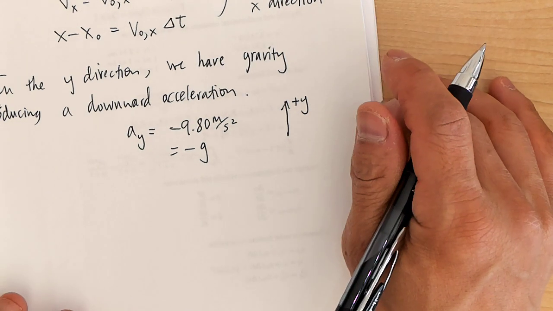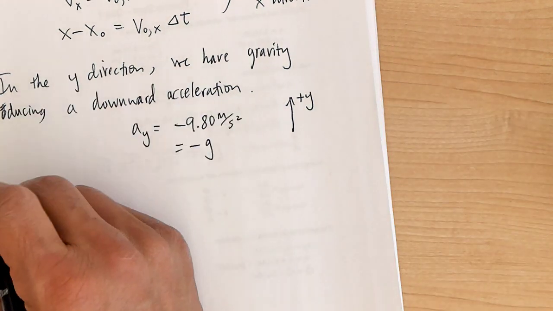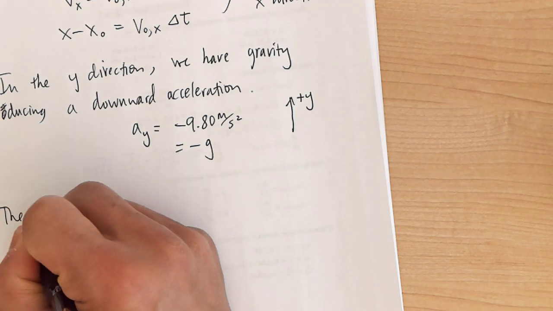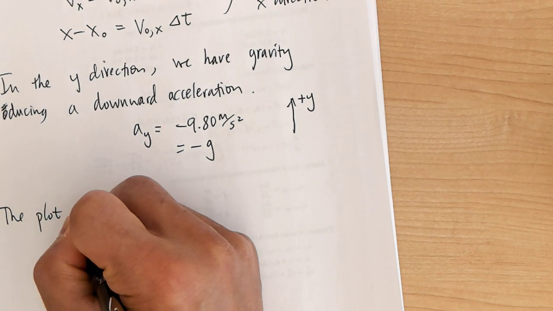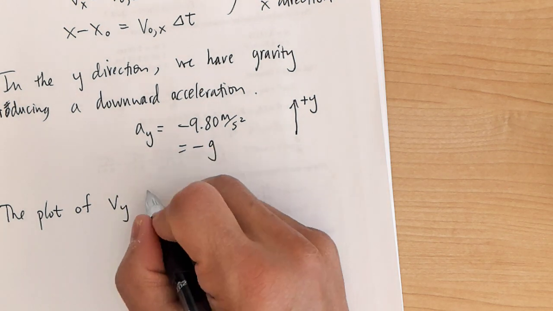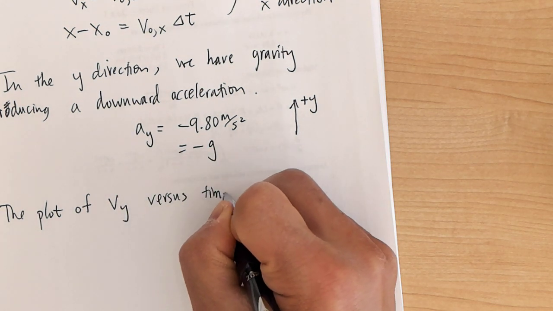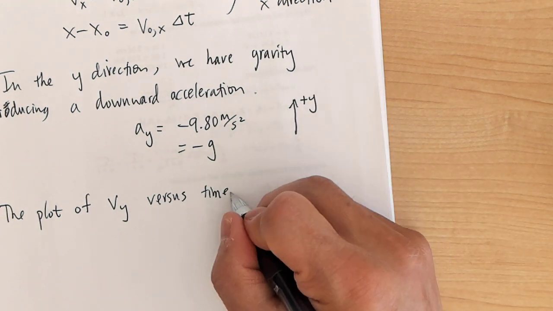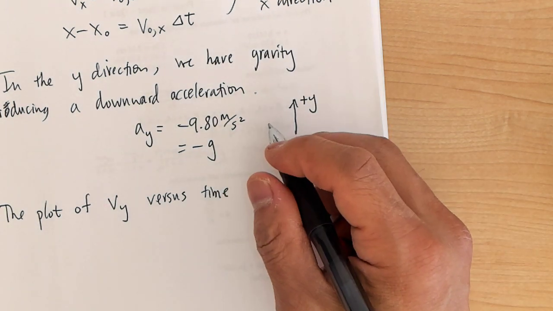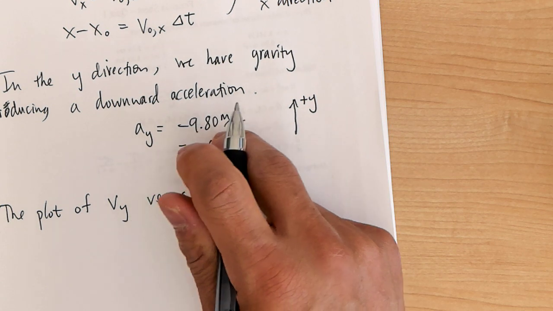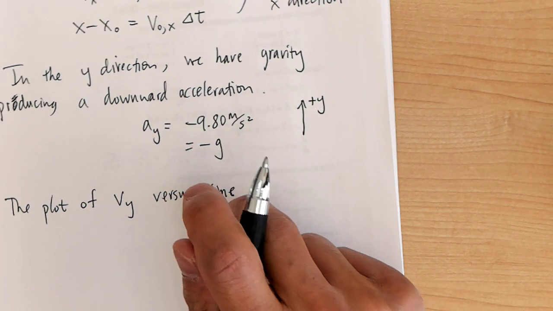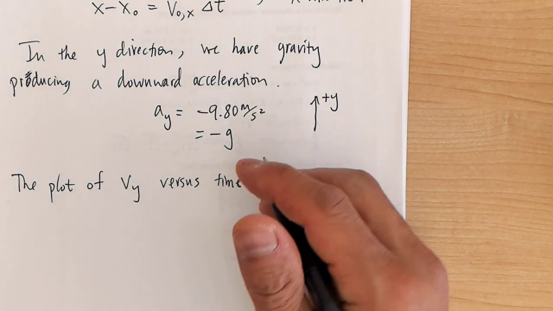So, if we plot the y component of the velocity versus time, this will be a straight line because we have an acceleration. The acceleration will give me the slope of the velocity versus time.